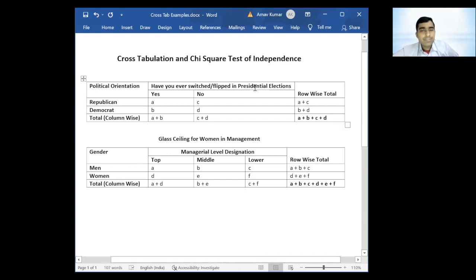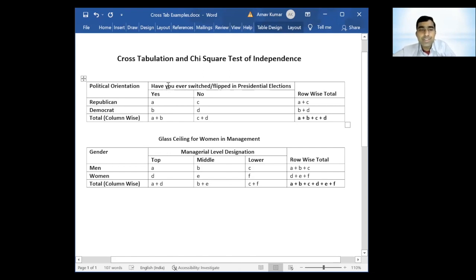What we have done is ask two simple questions, the responses to which are categorical. We asked them, what is your political orientation? And we gave them two choices, whether you are a Republican or a Democrat.